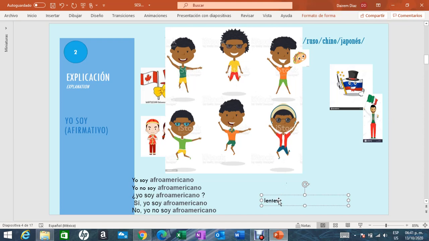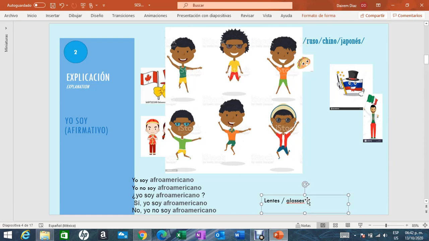Tenemos lentes, which are glasses. What else? T-shirts, playeras. What is this? I don't know what this is. They look like headphones or something.